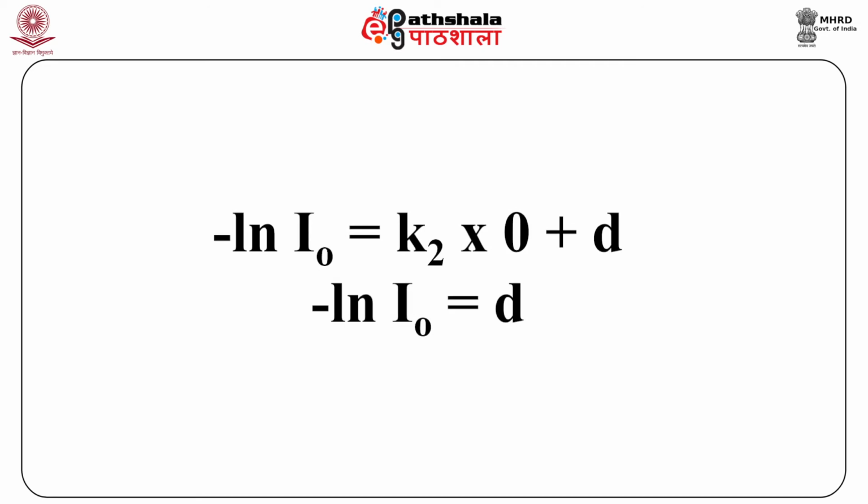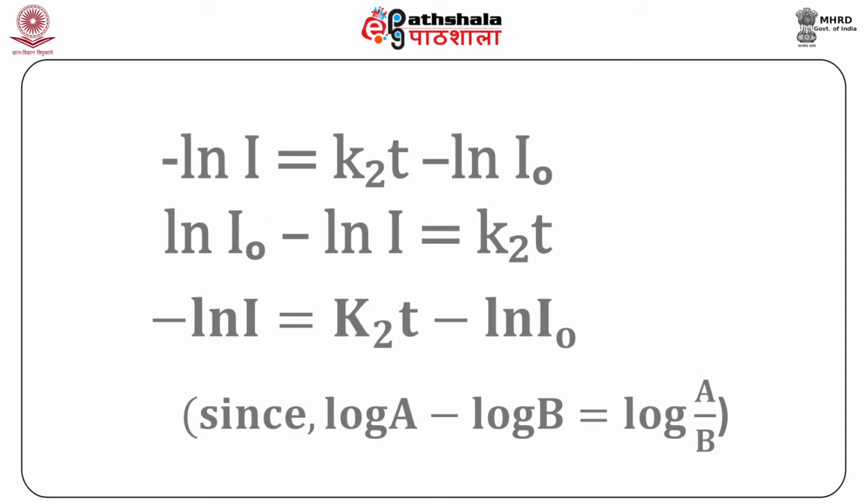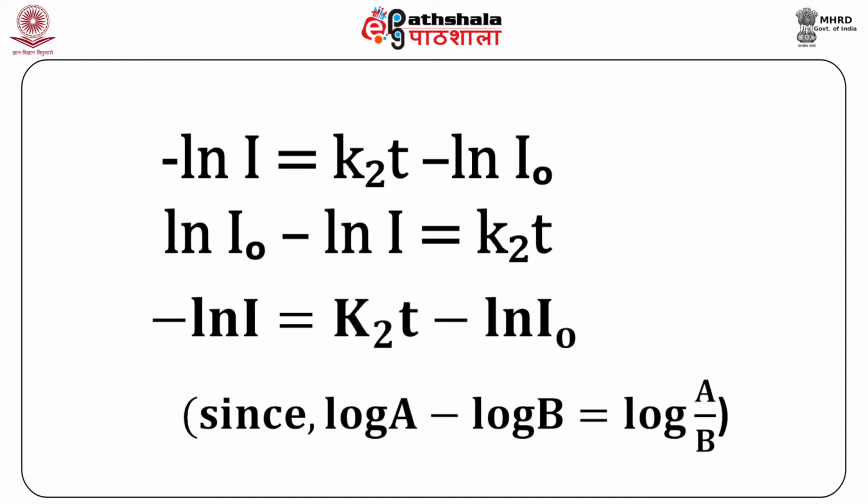Substituting the value of I in the equation, minus ln I naught is equal to K2 multiplied with 0 plus D. This gives us minus ln I naught equal to D. The value of D is now substituted in the equation. This gives minus ln I is equal to K2t minus ln I naught.